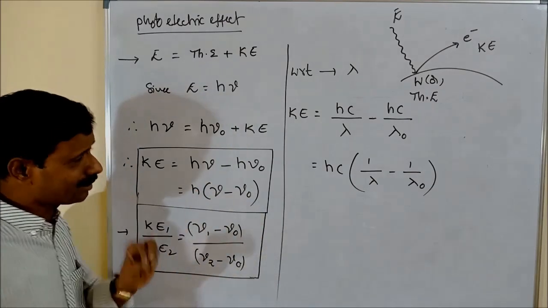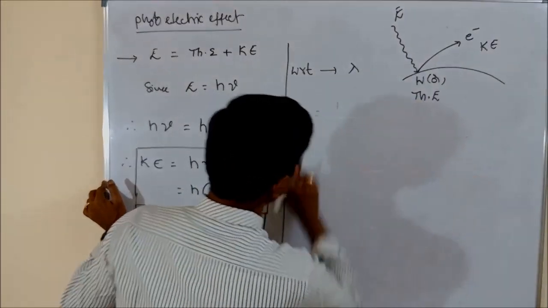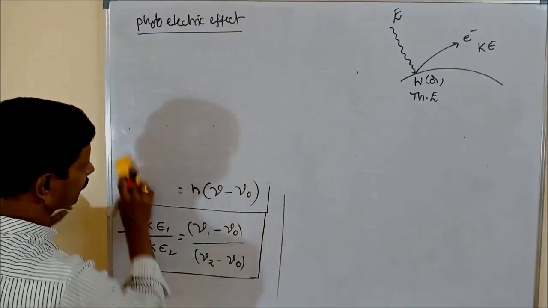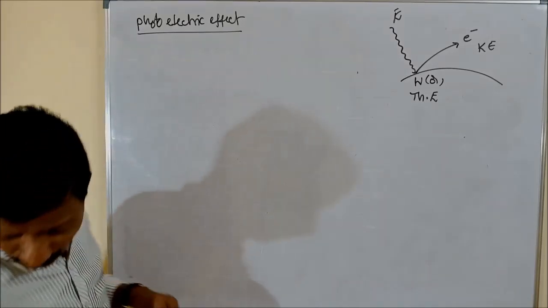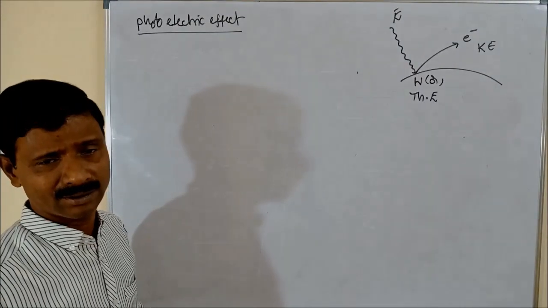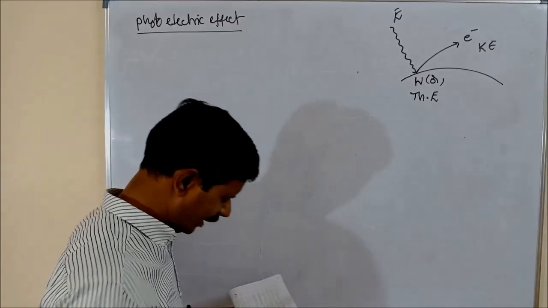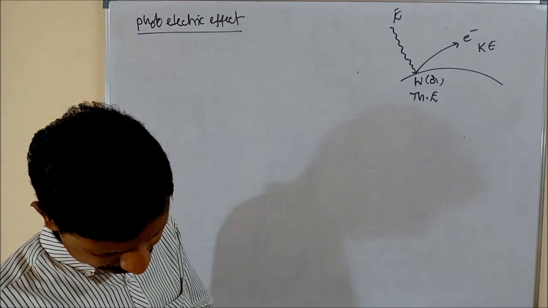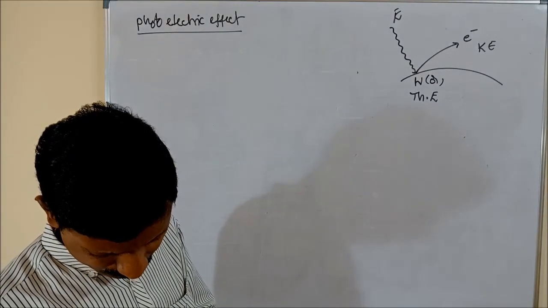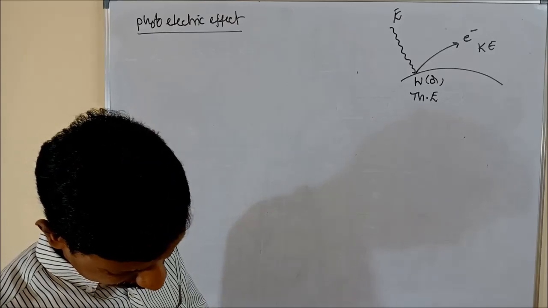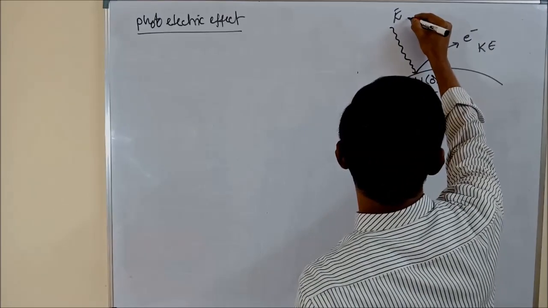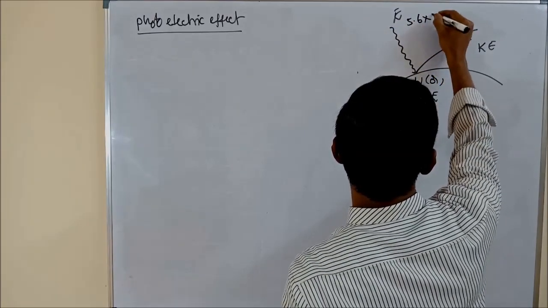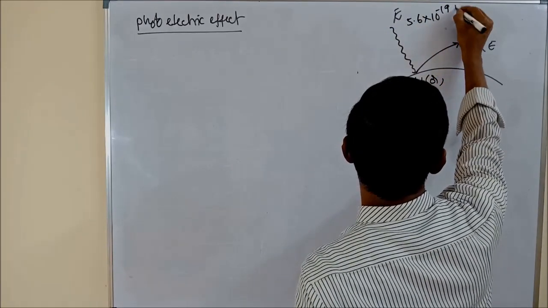Now, based on this, a simple problem. For example, there is a metal, and the light we are using has an energy of 5.6 into 10 power minus 19 joules.